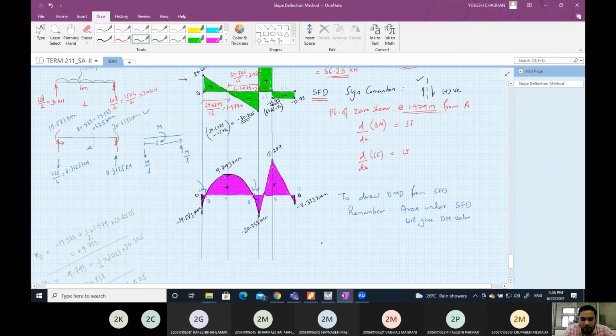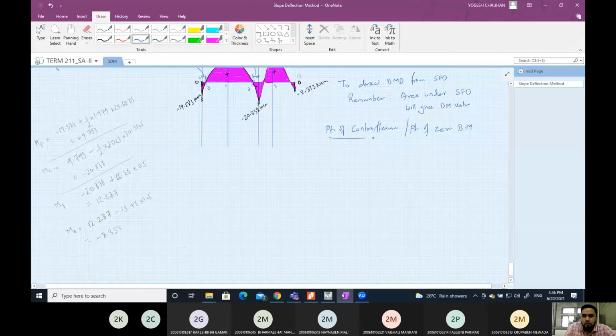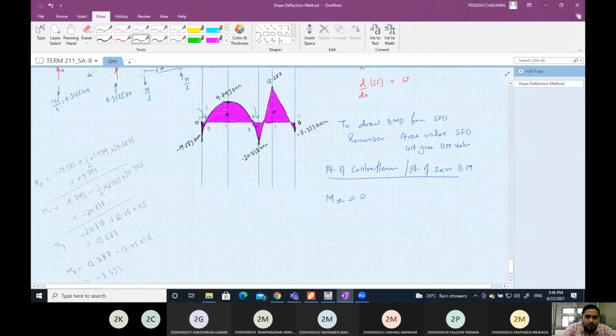So let the bending moment for point of contraflexion, or we can say the point of zero bending moment, moment at any distance x be equal to 0, x means this section is x, let this section be x section.